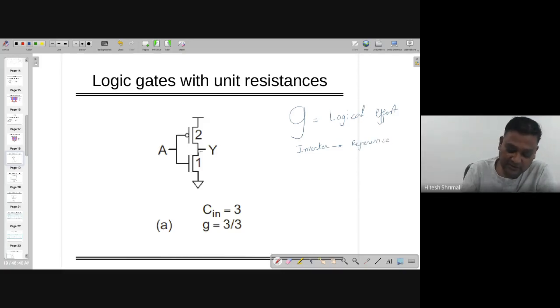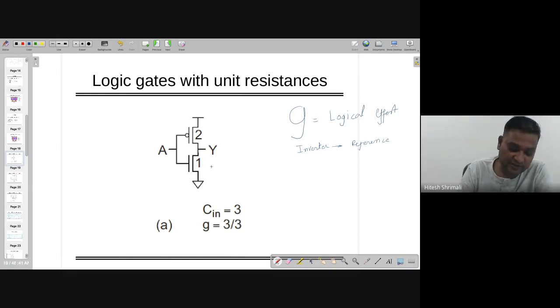We learned that the NMOS value is equal to 1 and the PMOS value is equal to 2. This is with the fact of the mu n and mu p ratio. The same thing you can find out with the simulation by connecting these two together. By varying the p width, you can find the required p width where both the resistances will be equal.